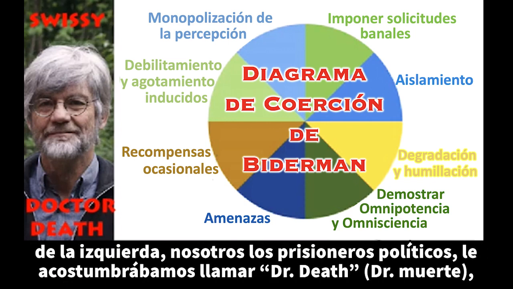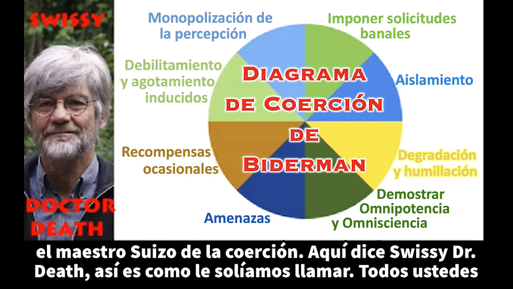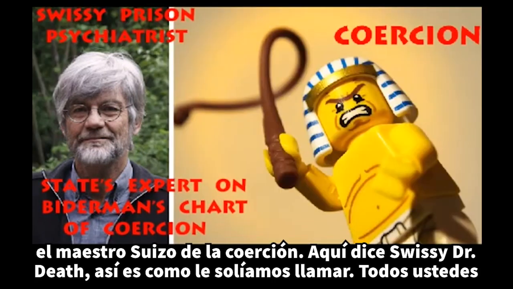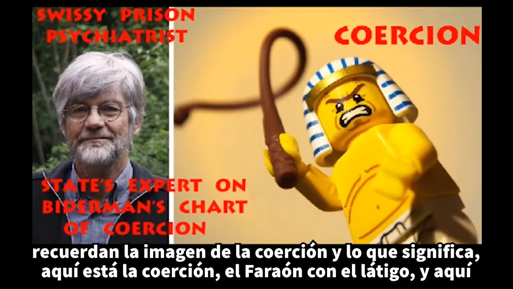This Swissy here, to the left, we, the political prisoners, used to call Dr. Death, the Swiss master of coercion. Here it says, Swissy Dr. Death. This is what we used to call him. You all remember the picture of coercion and what it means. So here's coercion, pharaoh with a whip.